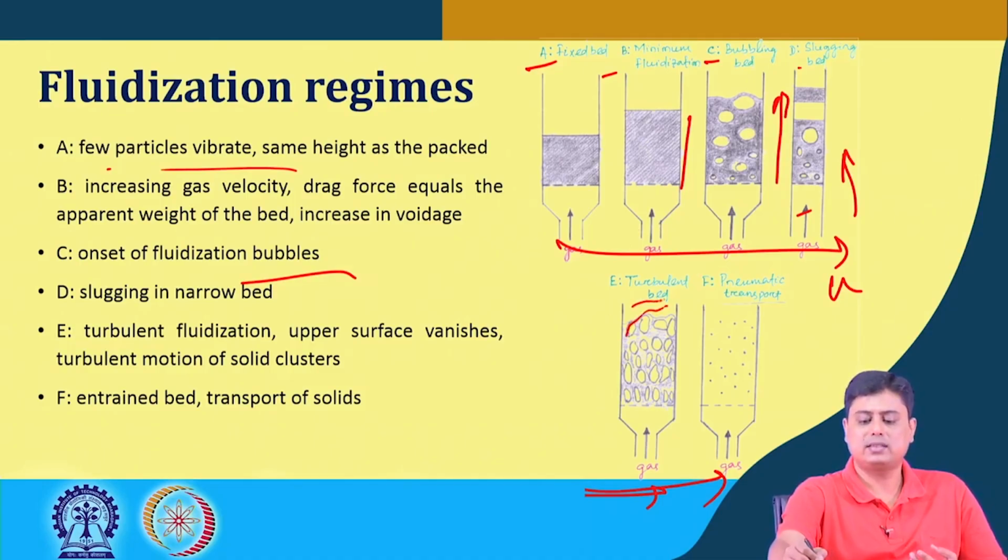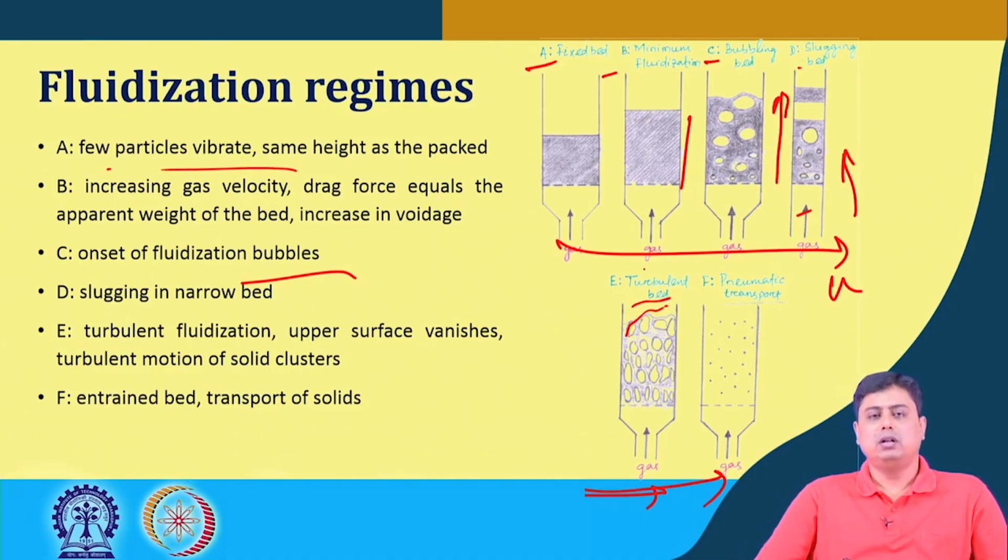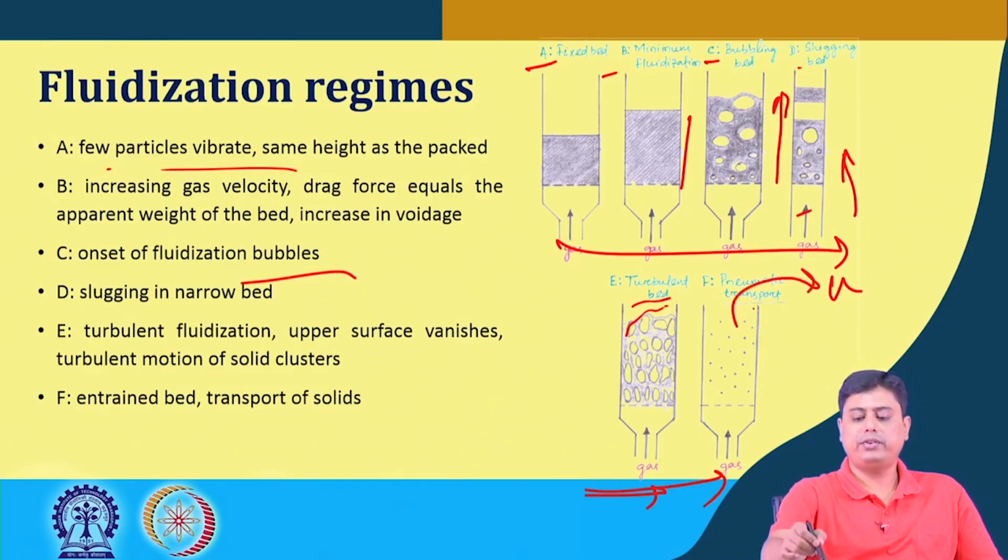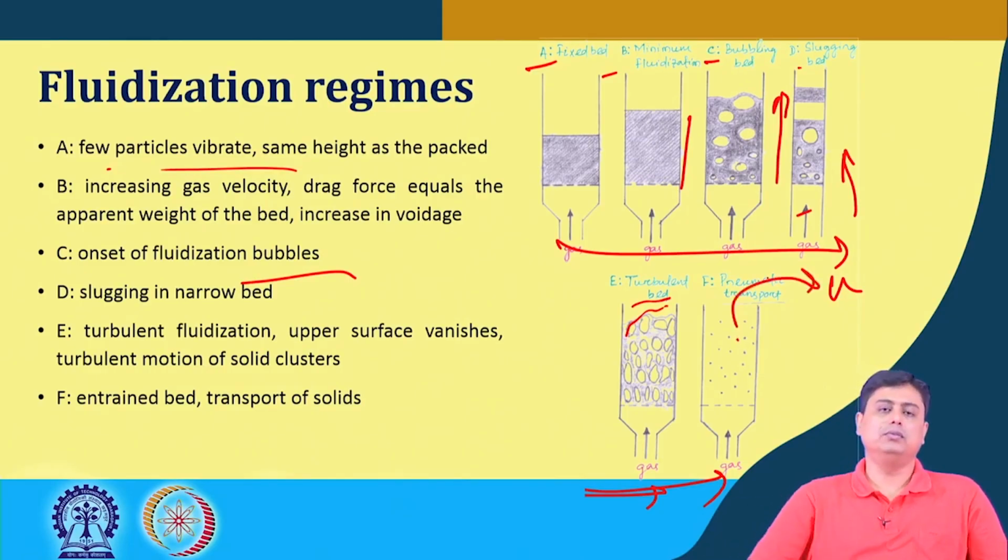There is no clearly identifiable surface. And if you further increase the gas velocity, the particles will be entrained, going out with the flow. So these are the different fluidization regimes or operating states.